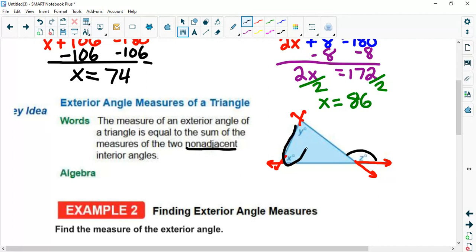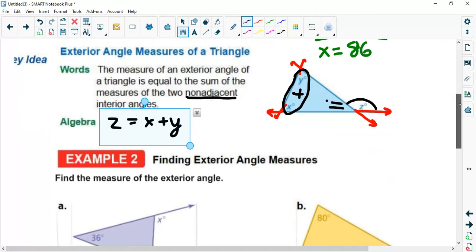So these two angles that Z is not touching, when I add them together, it should equal whatever Z is. So Z is equal to X plus Y. Now we can use that to find an exterior angle, or we can use that to find interior angles if we're given an exterior. Let's take a look at some examples.